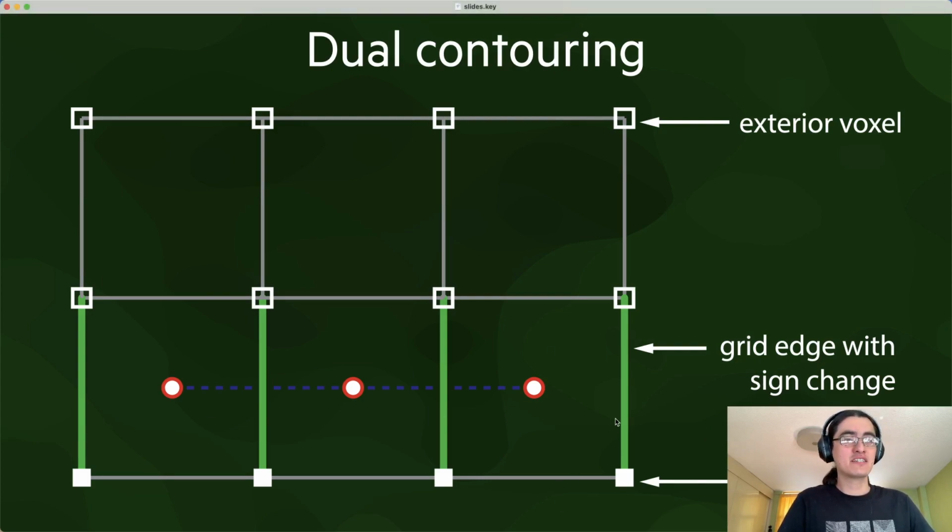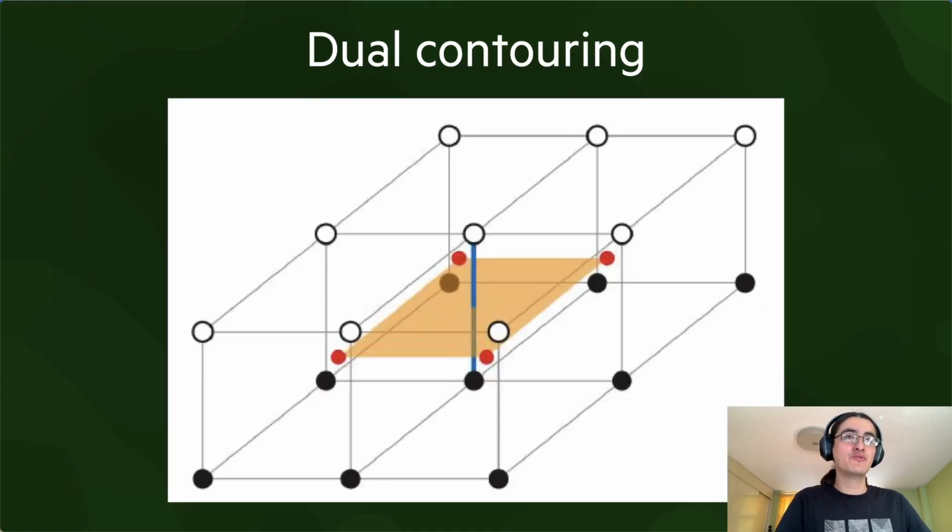And these edges tell you about the places where you have a sign change, like you go from interior to exterior, and these edges are very important. So if you take these dual vertices and the edges that mark the transition from interior to exterior, you can create surfaces.